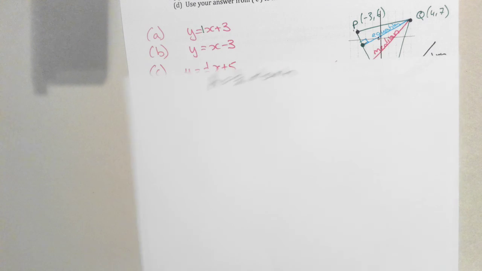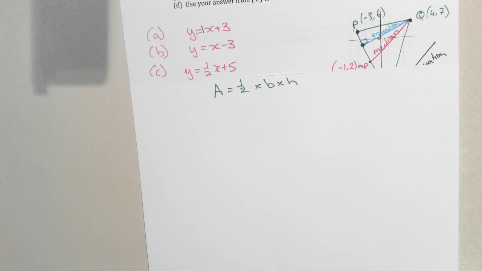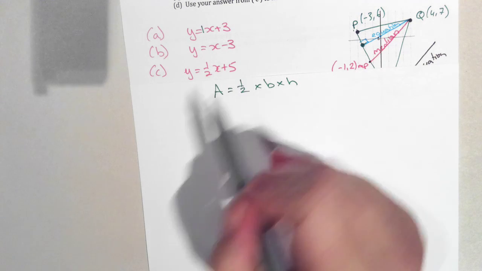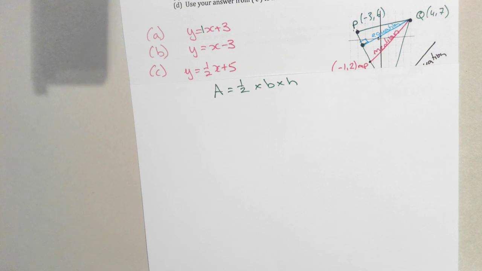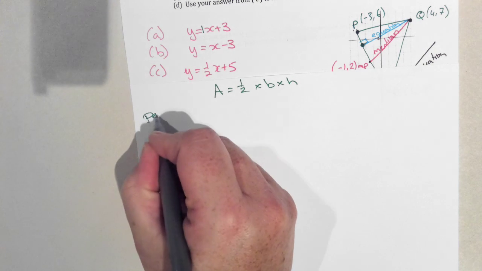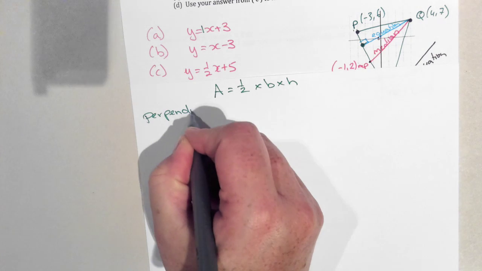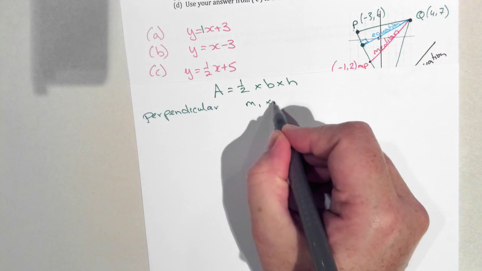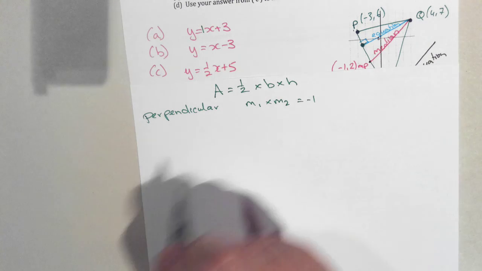So let's take a look. We've got the equation there from part C of that line, y equals a half x plus 5. We know about perpendicular lines. If it's perpendicular, then the gradient of one times the gradient of the other is equal to -1.